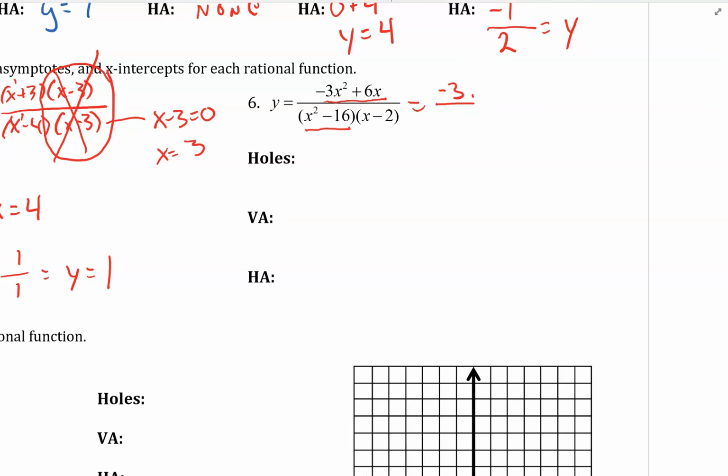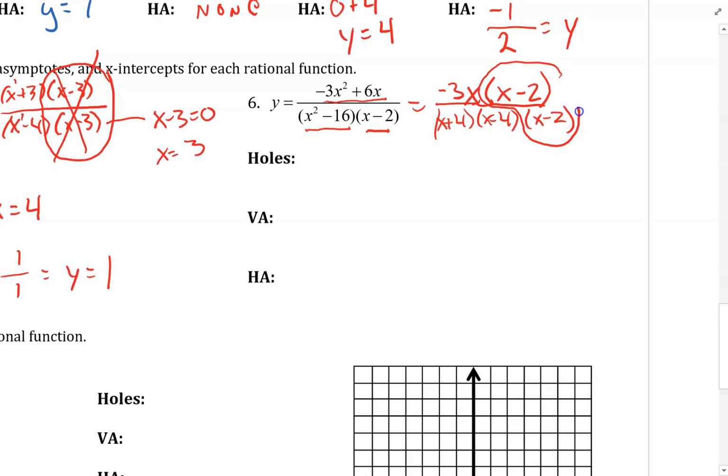So we'll take that out, and we're left with x minus 2. On the bottom, we have x squared minus 16, which is x plus 4 times x minus 4, and then we have x minus 2. So we look for this common factor, x minus 2 over x minus 2. We will remove that. That's equal to 1, but it is undefined at x equals 2, so that is a hole.